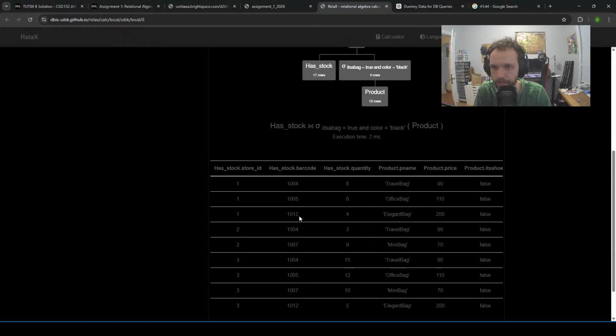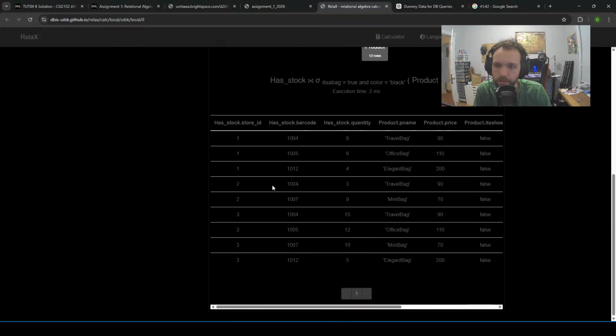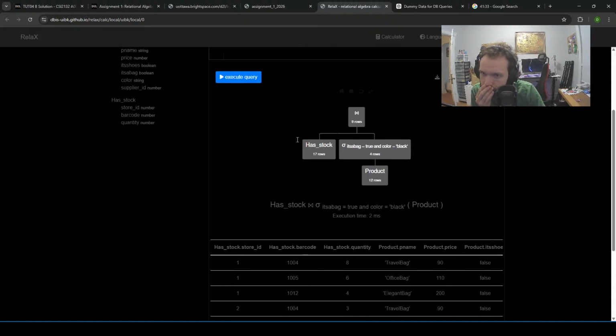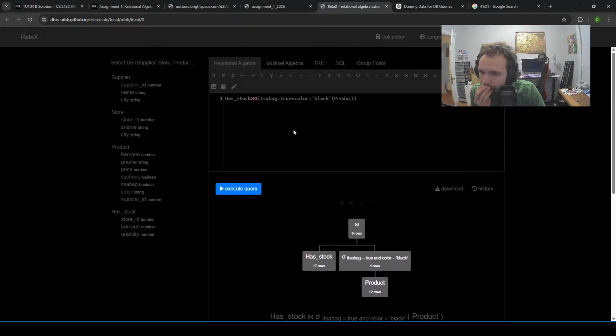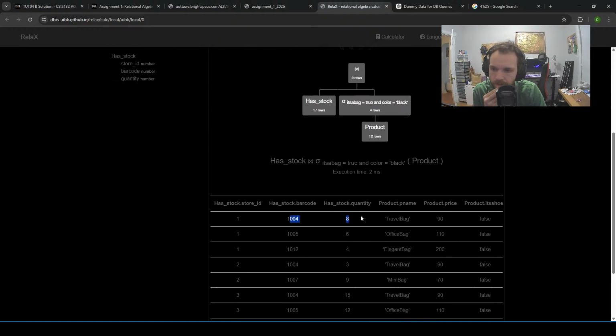So if I can do a cross product, and just have store ID on one end equal to the other. Do I need to do it with cross product? Yeah, I would want to, because I've already got this joined up.